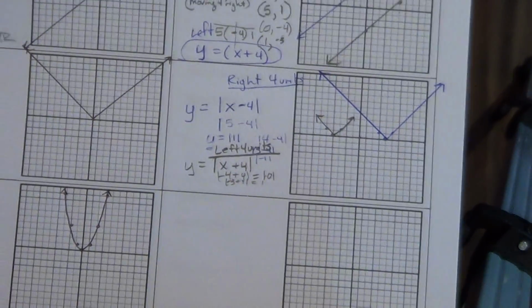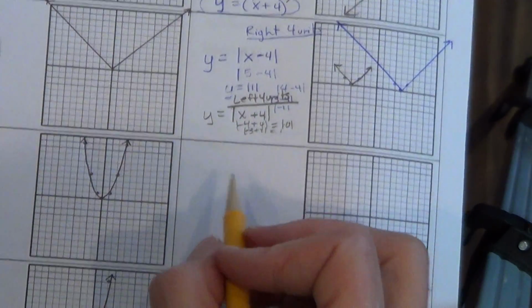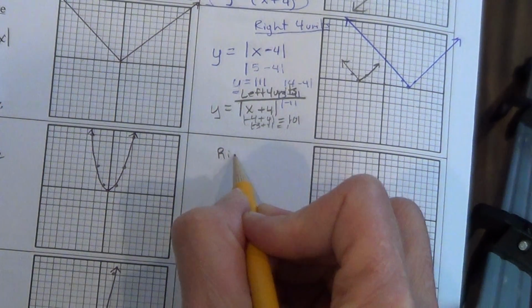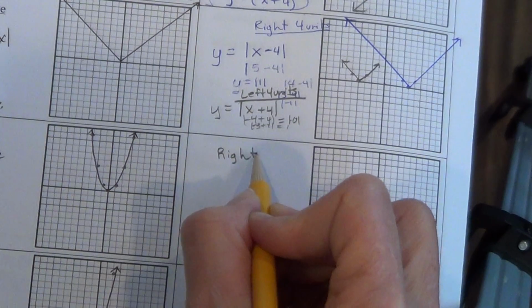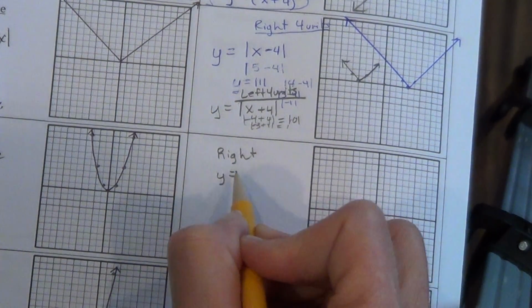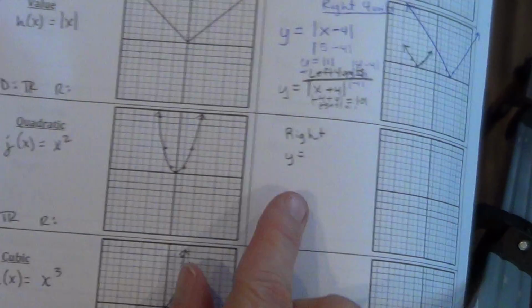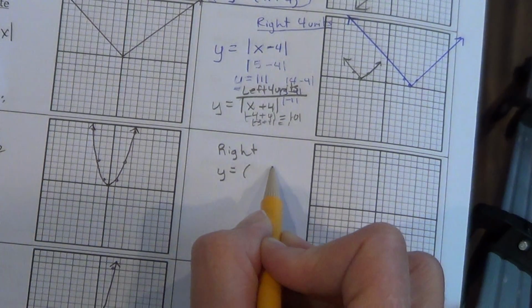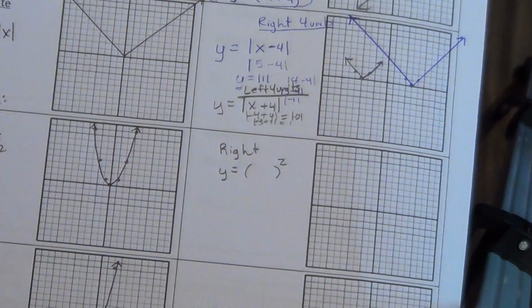Getting too excited. Okay, so what I want you to do is complete these notes. I want you to go with a right shift using this quadratic formula. And remember, you've got to be inside with the X. So I'm not going to tell you what it is. I will tell you use parentheses. You have the square outside of it.